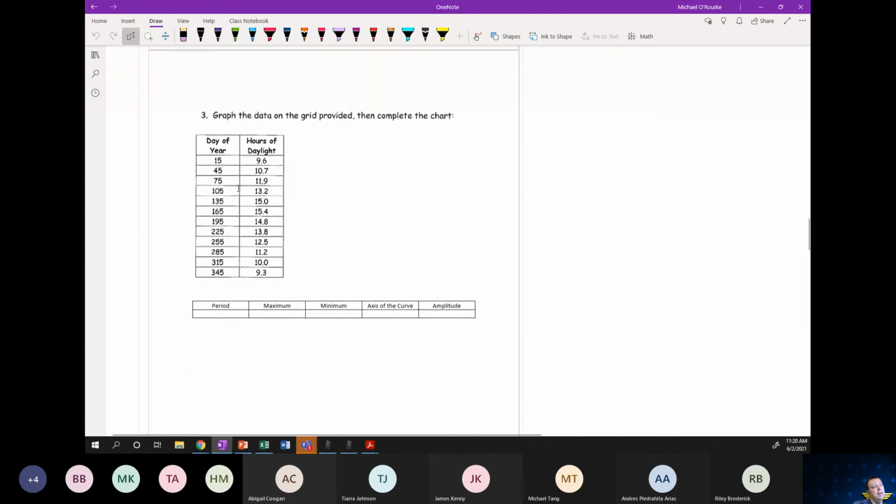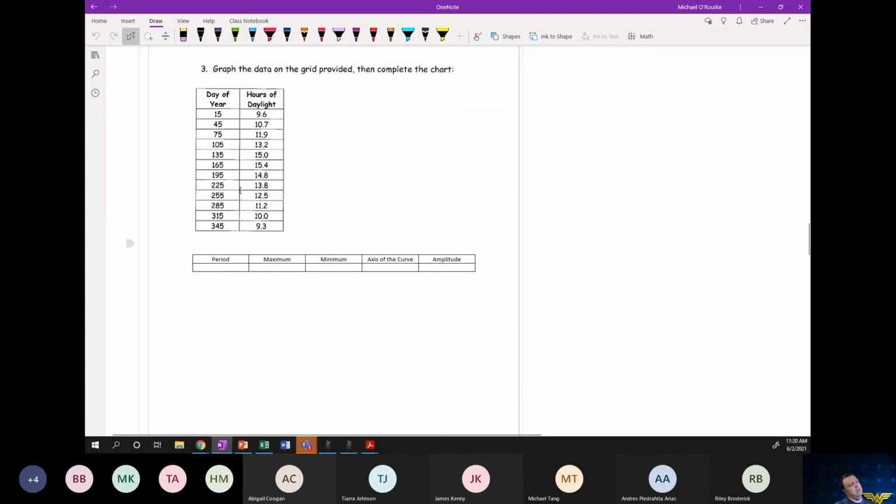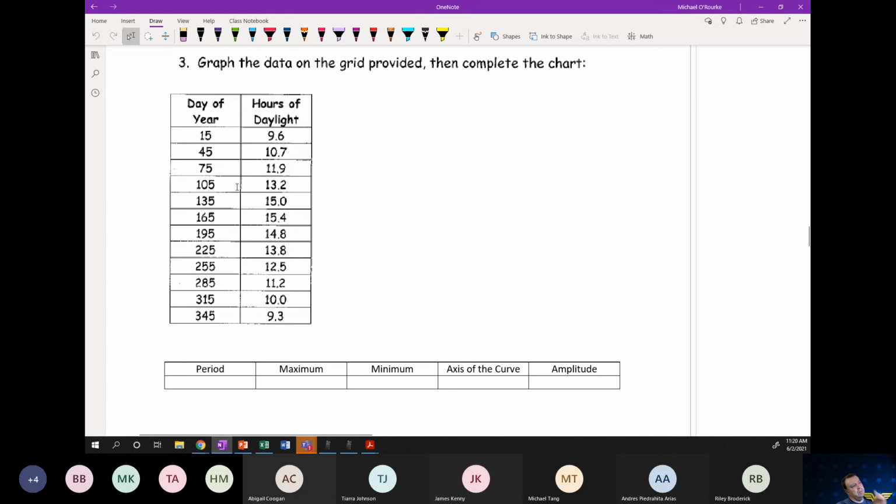This one here, we could graph it to figure it out, but we could also kind of look at it. Let's figure out our max and min. We're going to leave period to the end.